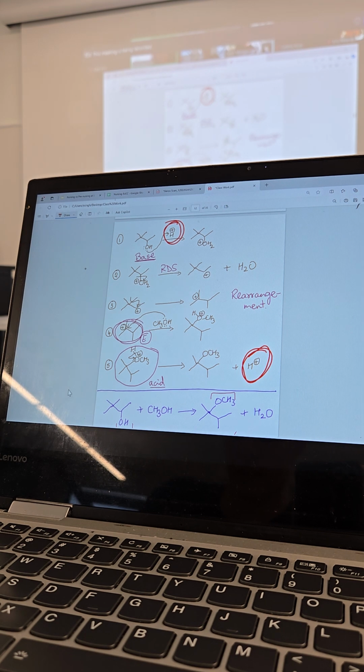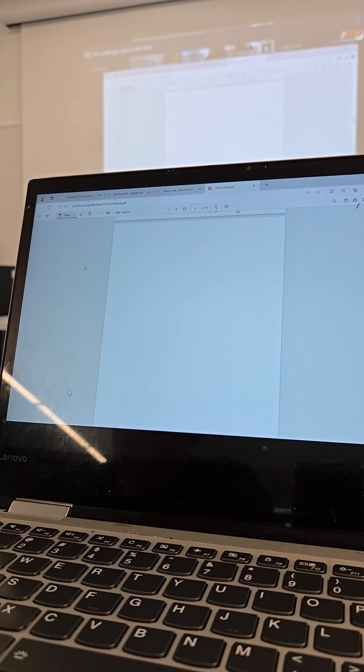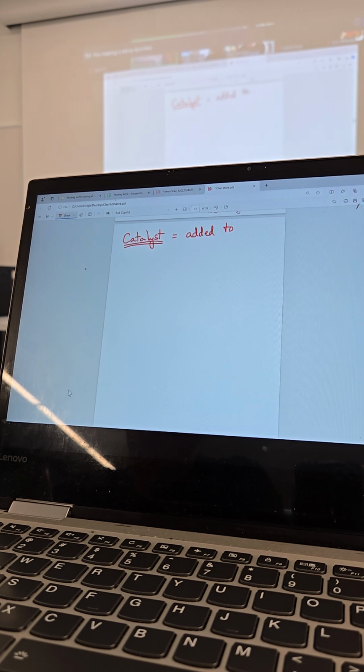A catalyst is something that speeds up a reaction, right? A catalyst is a substance that is added. We start with it. It goes in at the start of the reaction, so it is added to speed up the reaction, make it go faster.